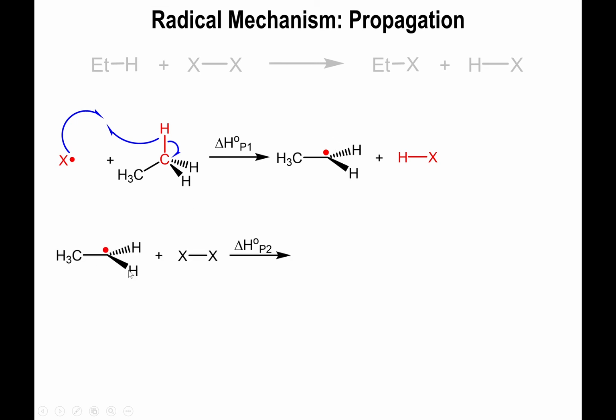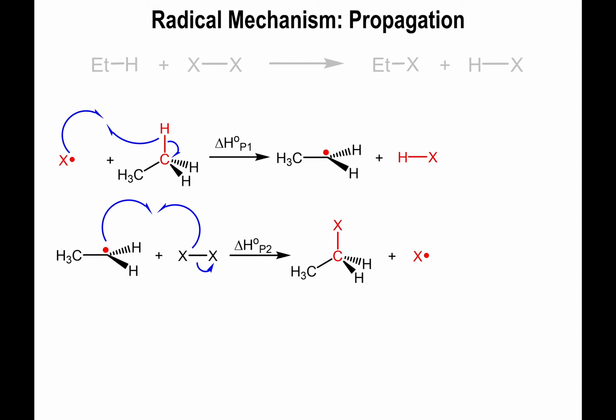That organic radical serves as the reactant in the second propagation step, which reacts with another molecule of X2 to produce your final organic halide molecule and reproduce your halogen radical.